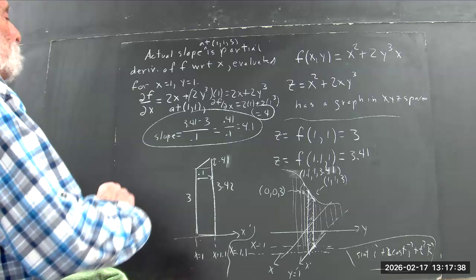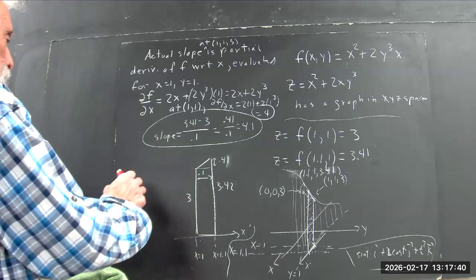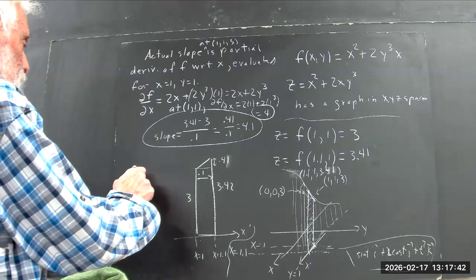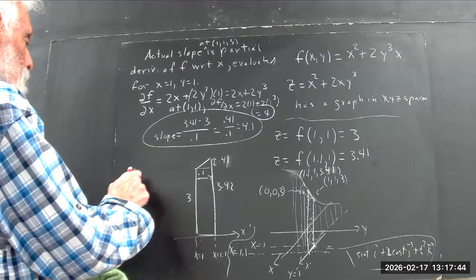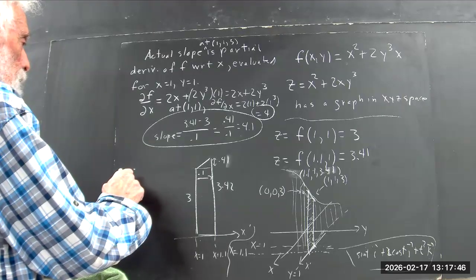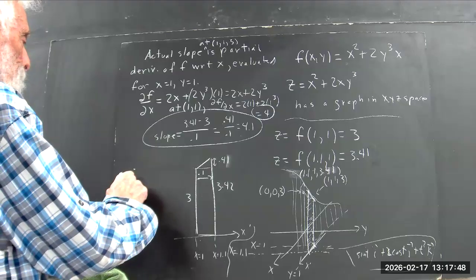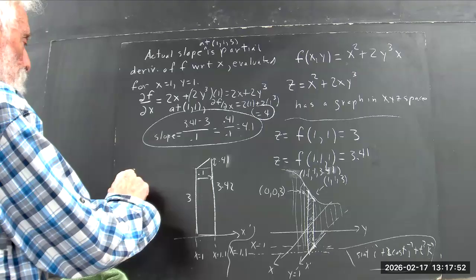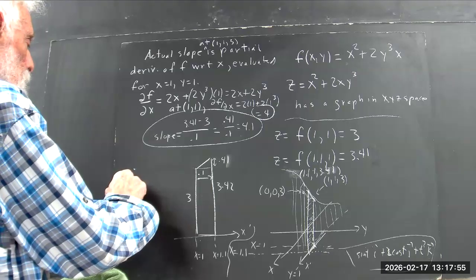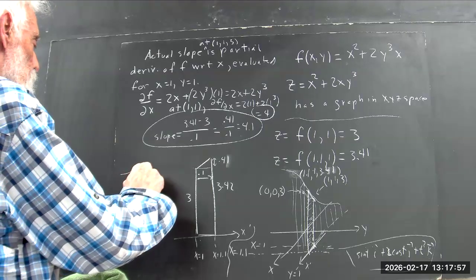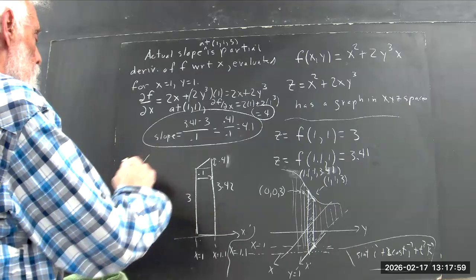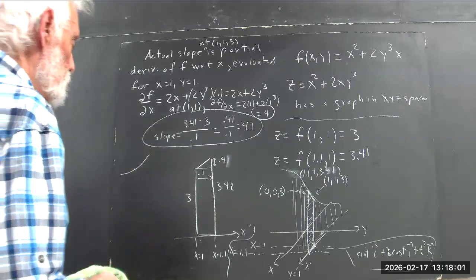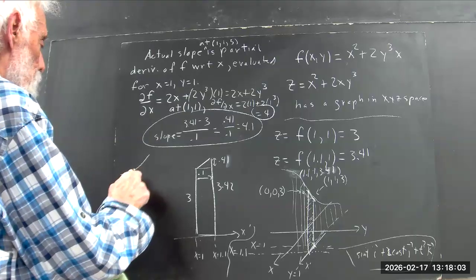If it doesn't, ponder it a little more. A little more detail: at this point, the slope is 4. So this function is concave up at this point.